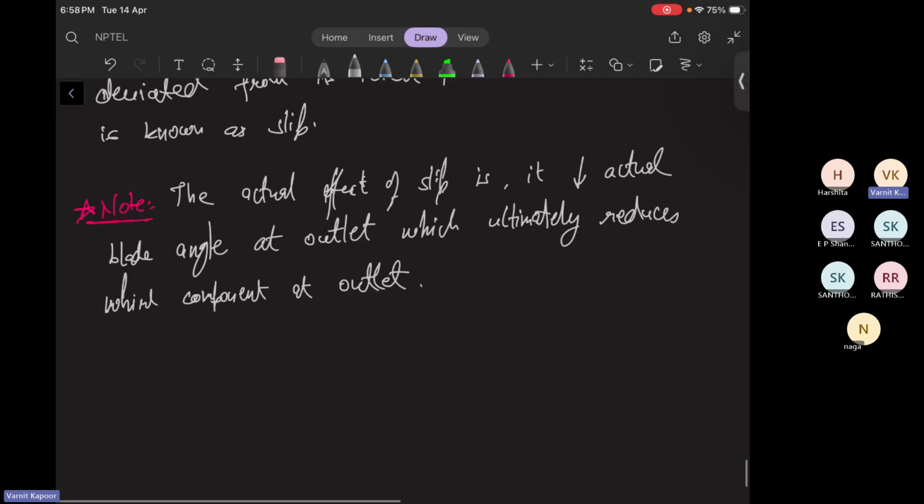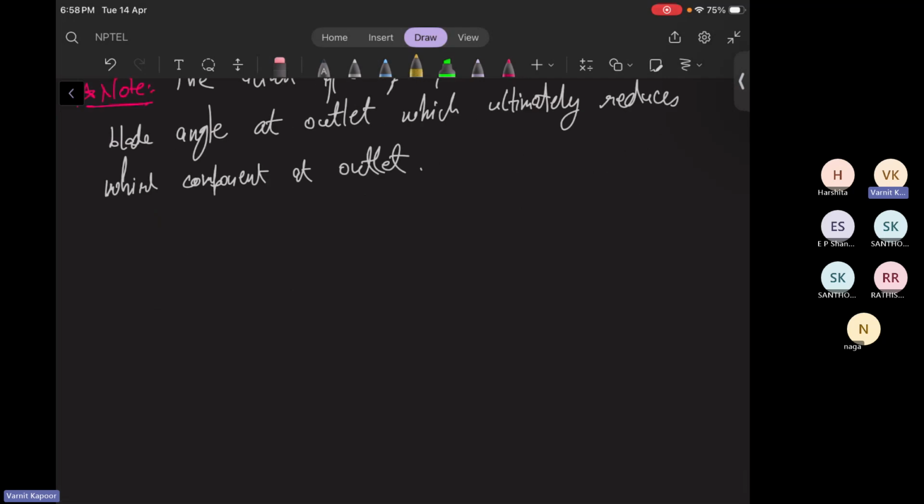Okay. So what is slip basically? Slip is nothing but equal to U2 minus VW2.